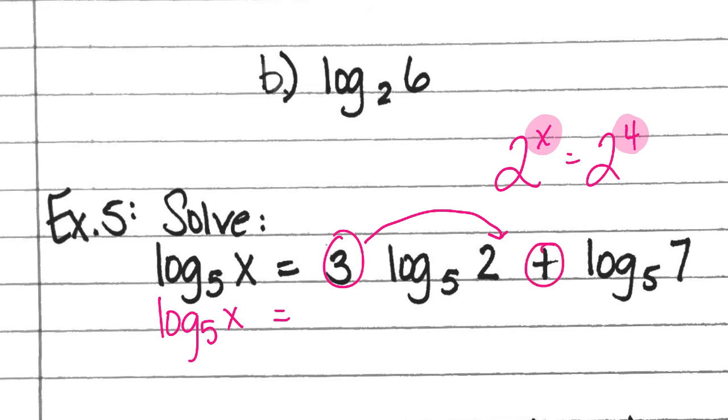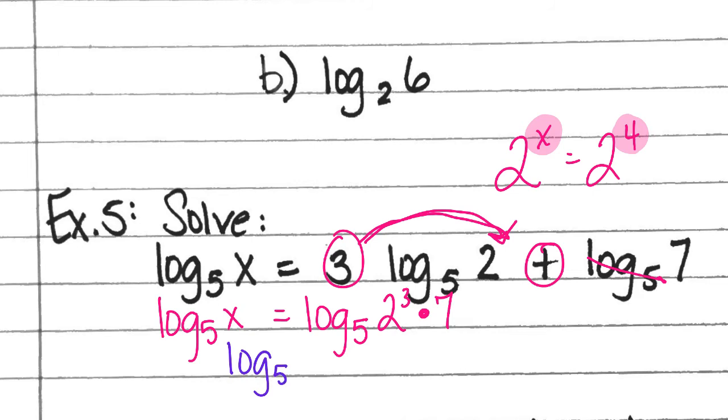So what this right side is saying is log base 5, and I know this is going to be 2 to the 3rd power. Hey, I know that one. My teacher made me memorize it. Times, well, we already wrote the log base 5, 7. So let's keep going. Let's solve.